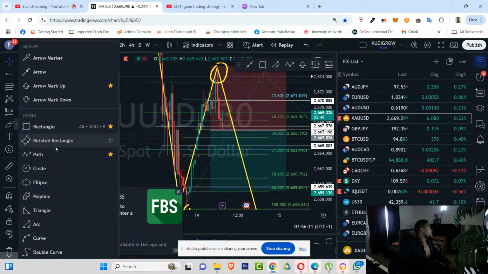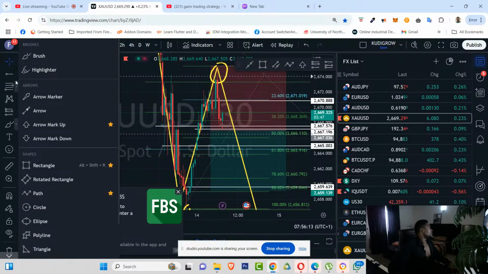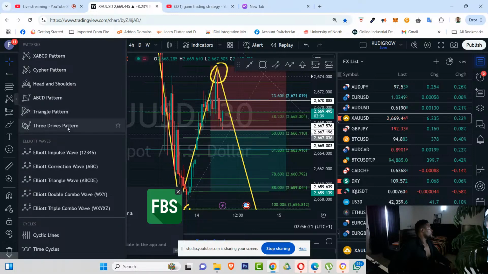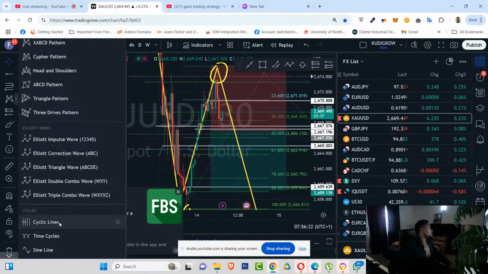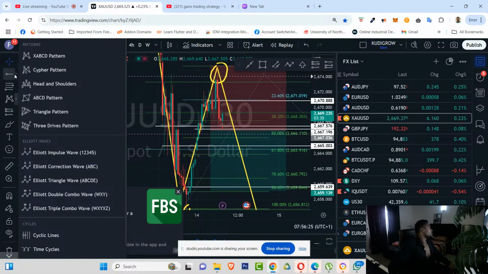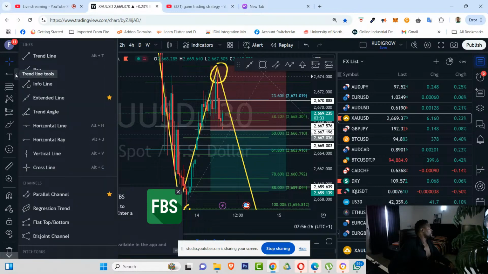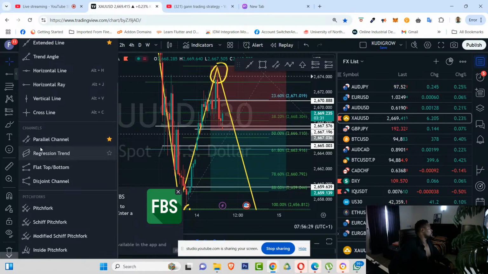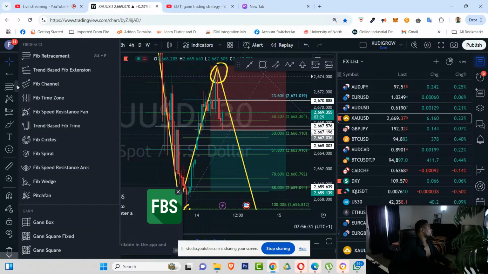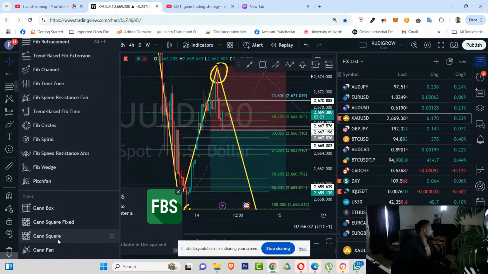Let me find it. So under Fibonacci here, you see the GAN box, GAN square, GAN time, and so on, right?